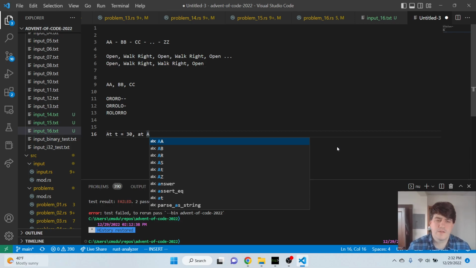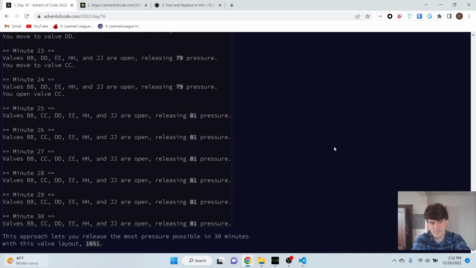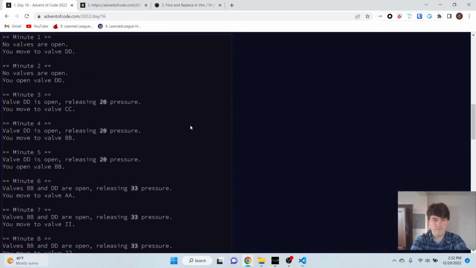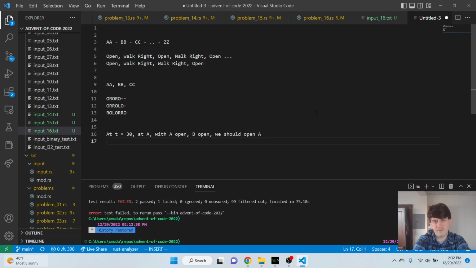So at time equals 30 at position A with A open, B open, we should open A. That doesn't do anything though.